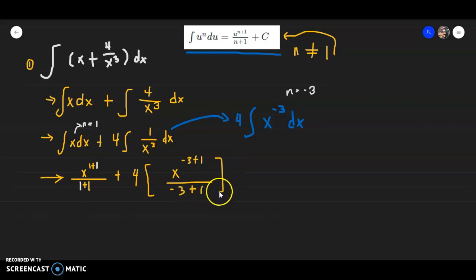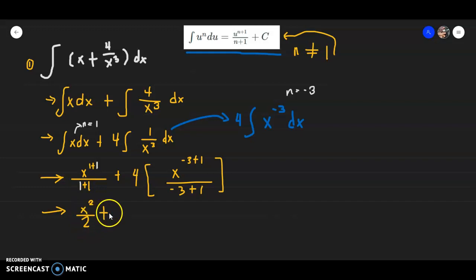So, simplify na natin. Unang term, x raised to 1 plus 1 is simply x squared all over 2, kasi 1 plus 1 is 2.